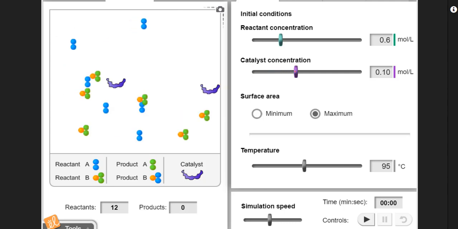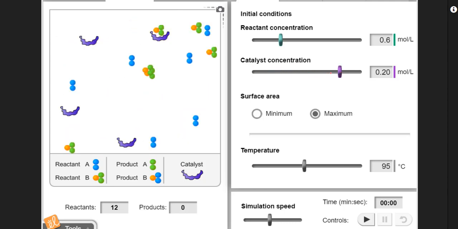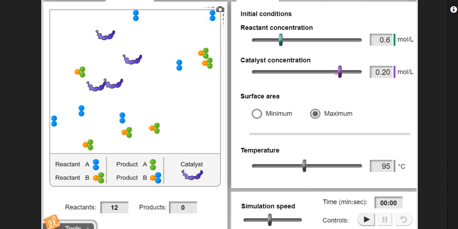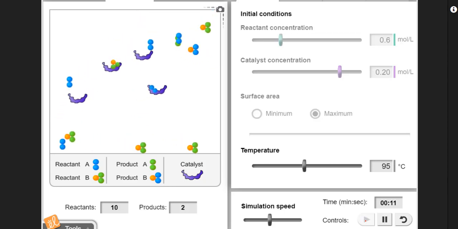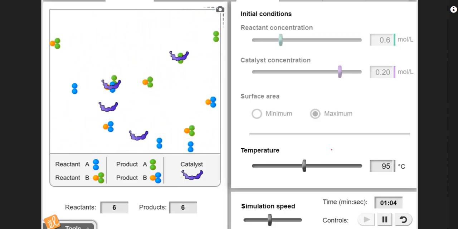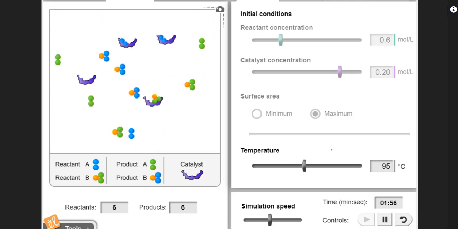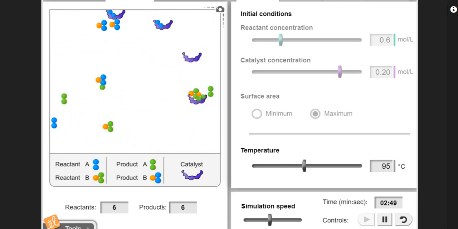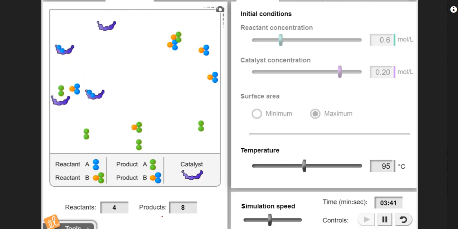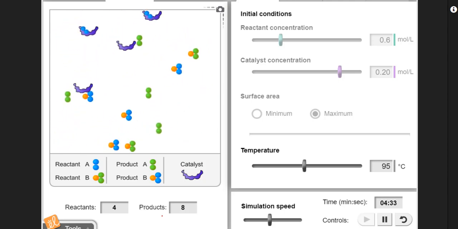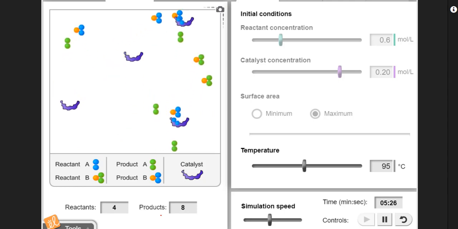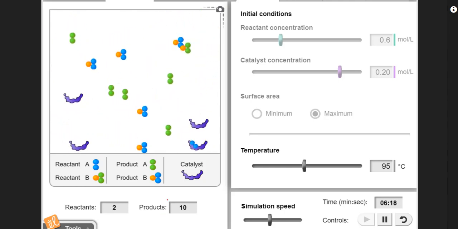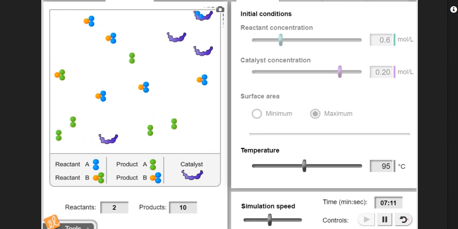So those are the catalysts, and their goal is to scoop up reactants and optimize the collision alignment. Now let's see how fast the reaction occurs. So I've lowered the temperature. However, with the catalyst, you'll notice that already 8 products have formed. So it greatly speeds up the initial reaction rates.